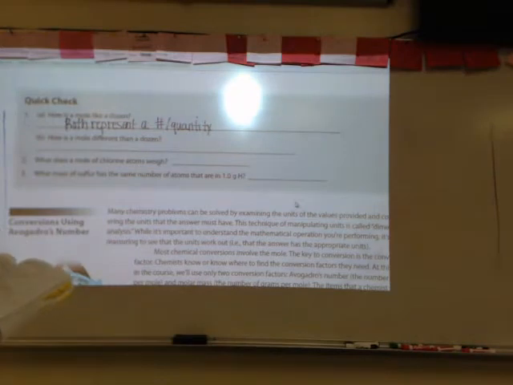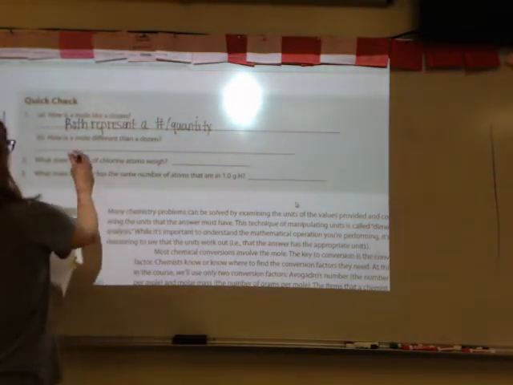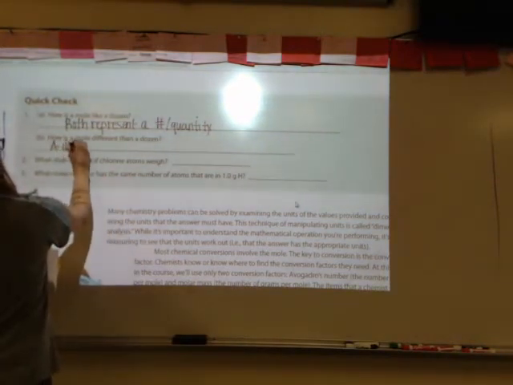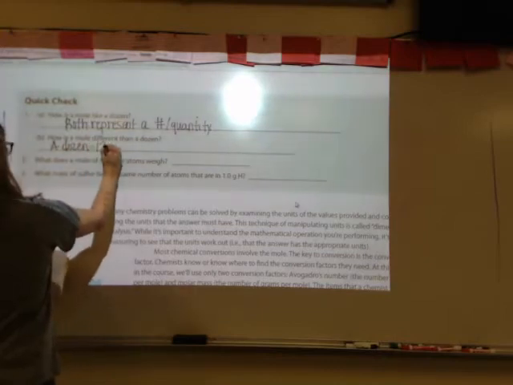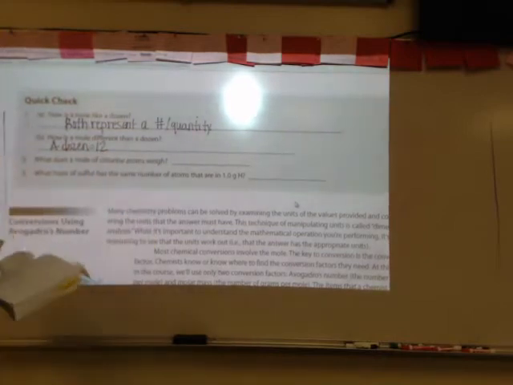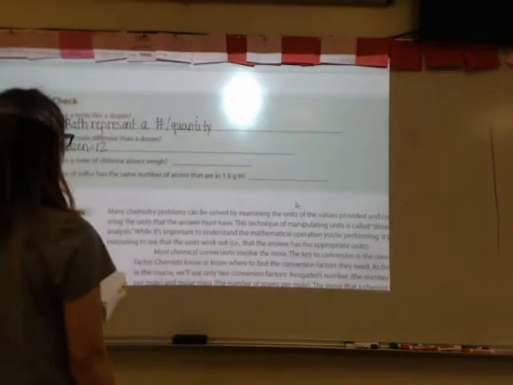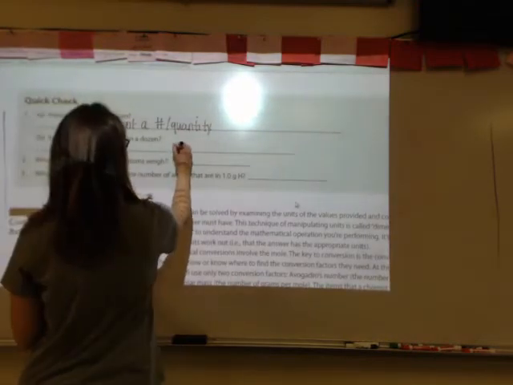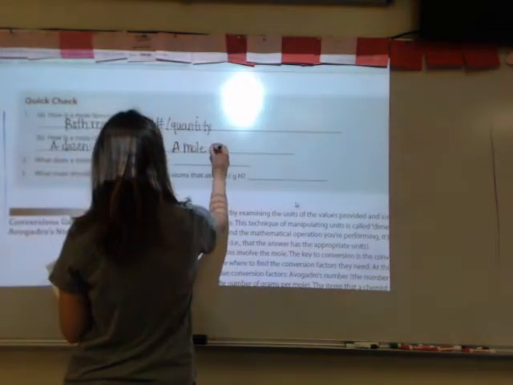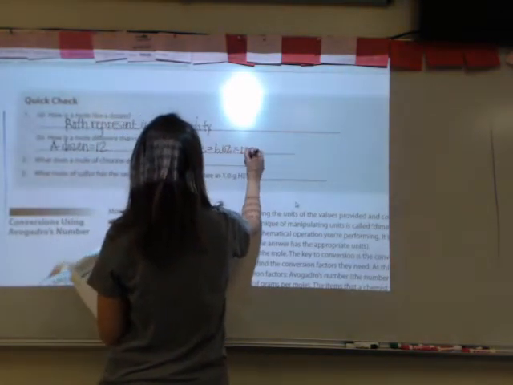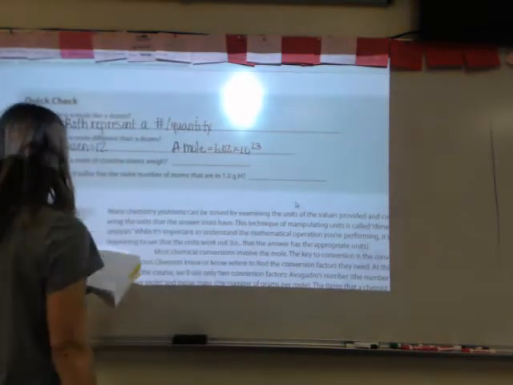B, how is a mole different than a dozen? Well, a dozen is 12 of anything. We technically don't know exactly how many things are in a mole if you go through the reading, but a mole is approximately 6.02 times 10 to the 23rd things.